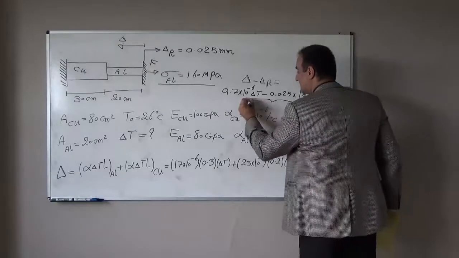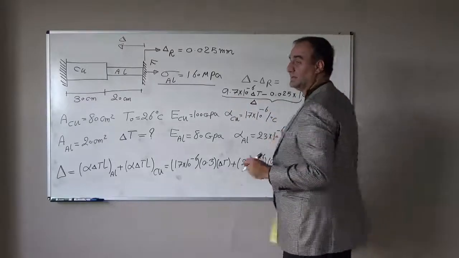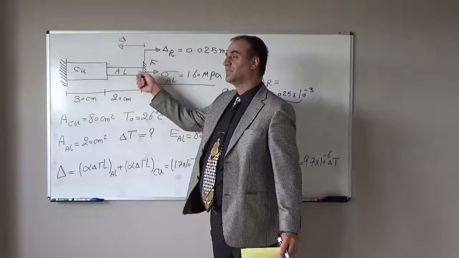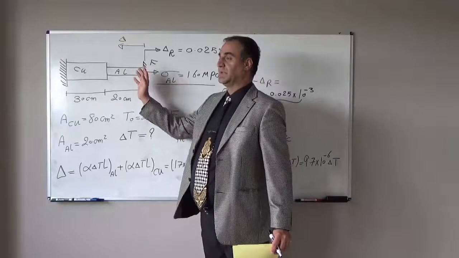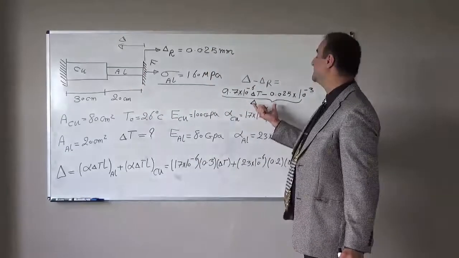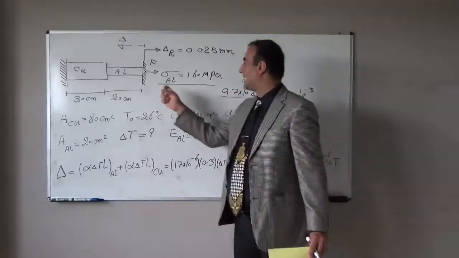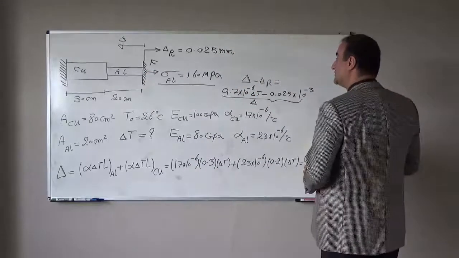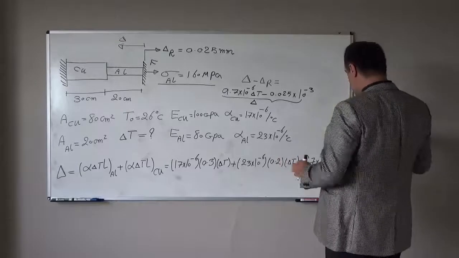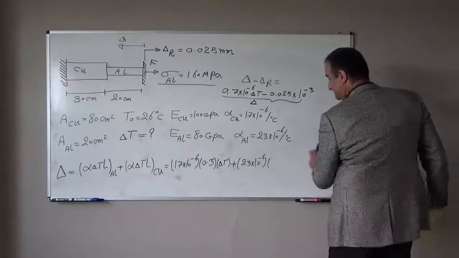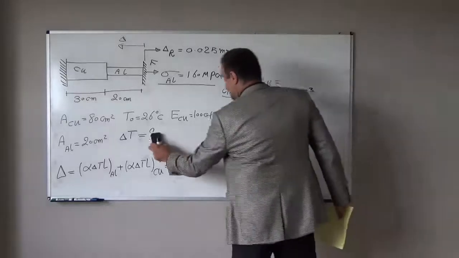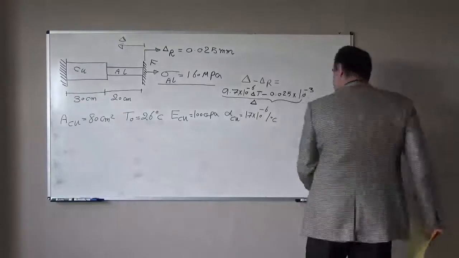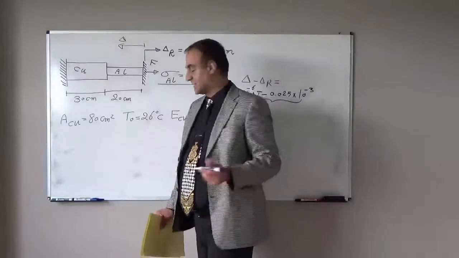Okay, this reaction will not allow this much free deformation. So this deformation applies a reaction here. If I assume the reaction is F, the problem statement says the stress inside of the aluminium should not exceed 160 megapascal.